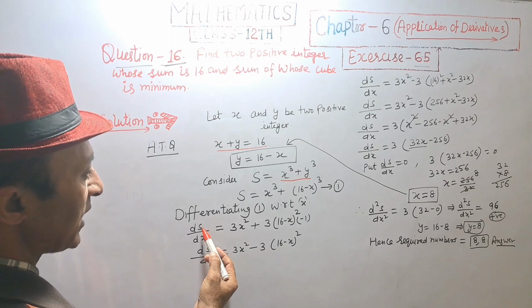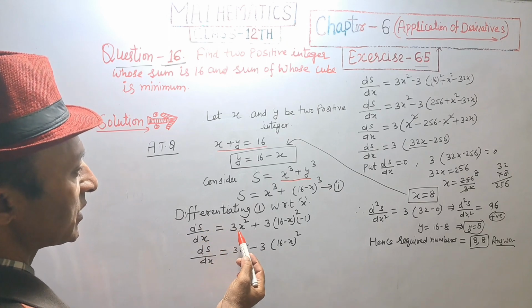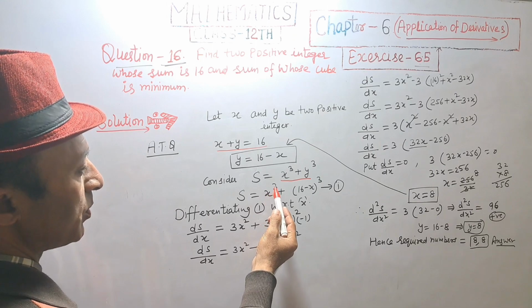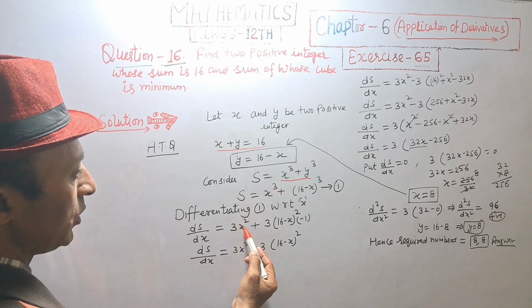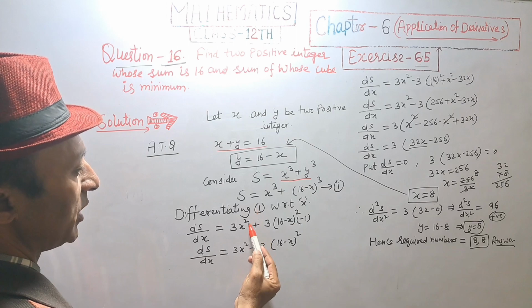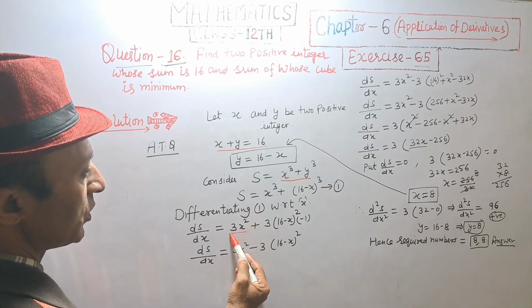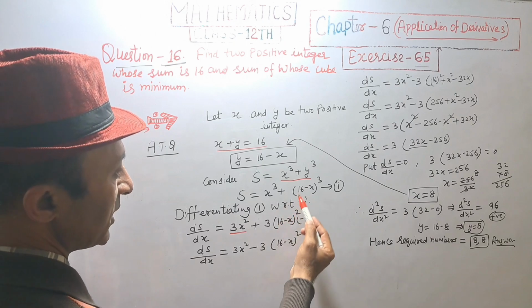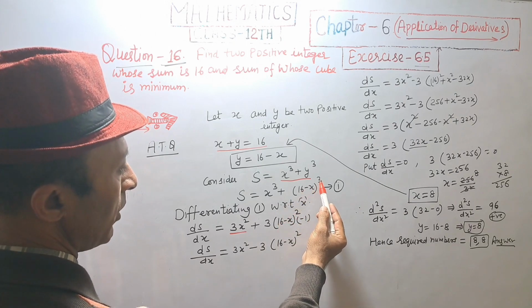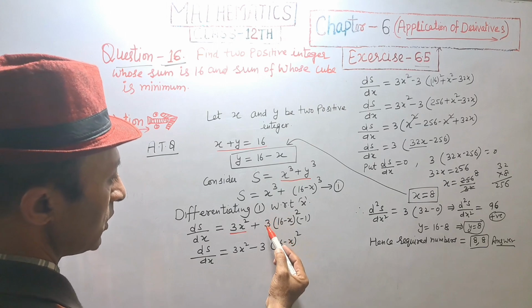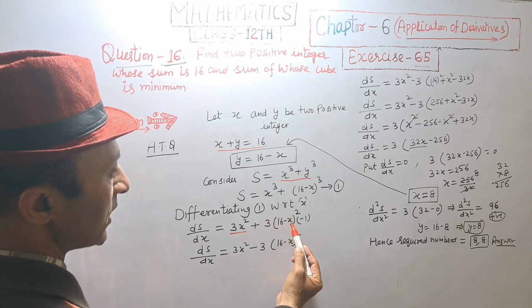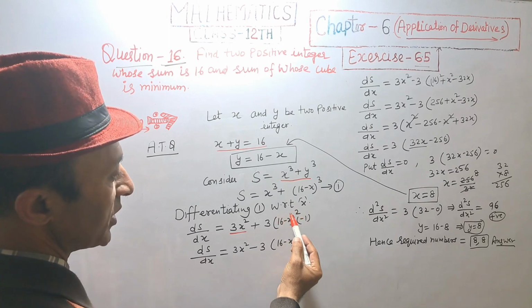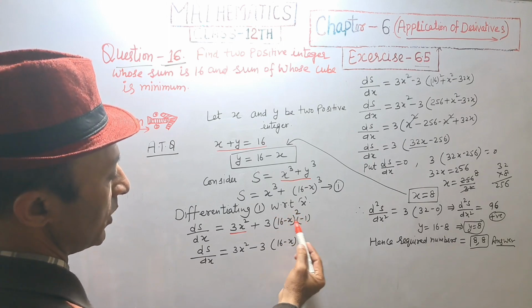We get dS upon dx is equal to derivative of x raised to power 3, which is 3 into x raised to power 3 minus 1, that is 3x square, and differentiation of (16 minus x) raised to power 3 is 3 into (16 minus x) raised to power 3 minus 1, which is 2, and differentiation of 16 minus x will be minus 1.